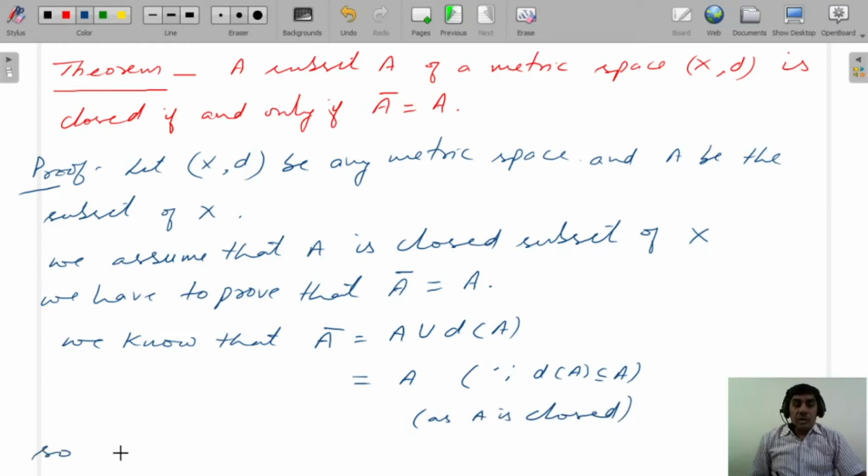So A closure is equal to A if A is closed.